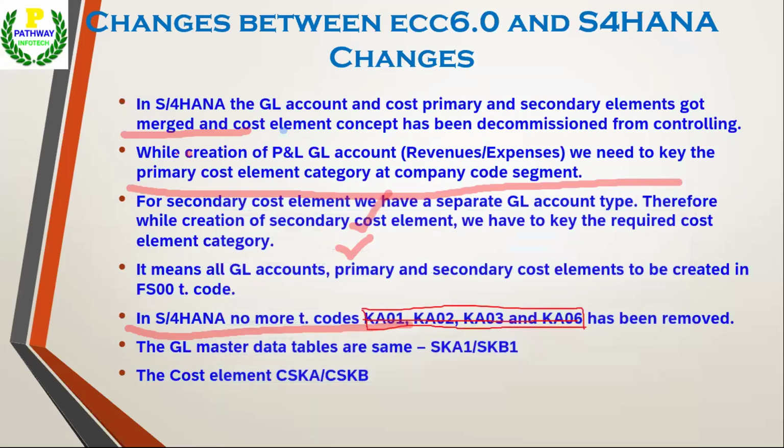While creating a profit and loss account, either a revenue or expense, we need to key the primary cost element category at company code segment level. This we have already seen. For secondary cost elements, we have a separate GL account type. Therefore, while creating a secondary cost element, we have to key a required cost element category.